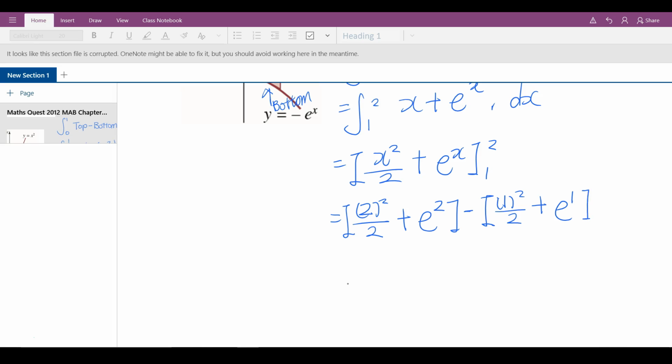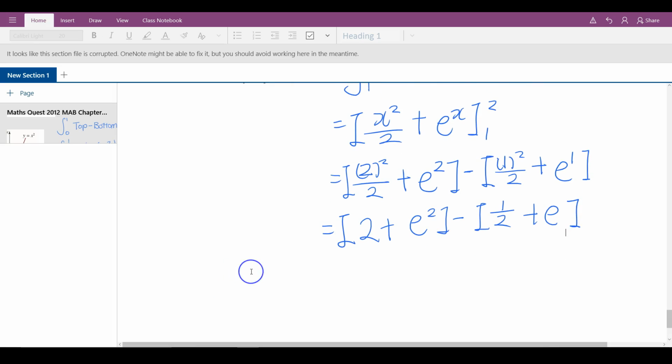So 2 squared is 4, over 2 is 2, plus e squared, minus 1 squared is still 1, 1 over 2, plus e, just e itself. So that's equal to 2 minus a half, which gives 1/2, plus e squared minus e.